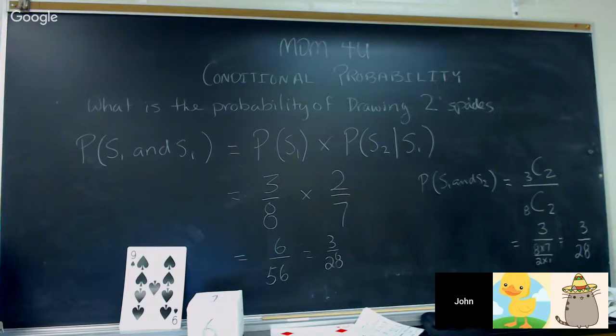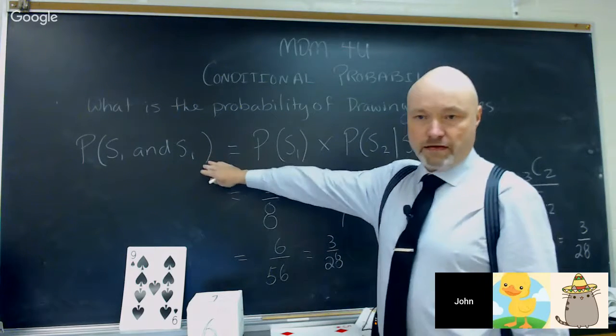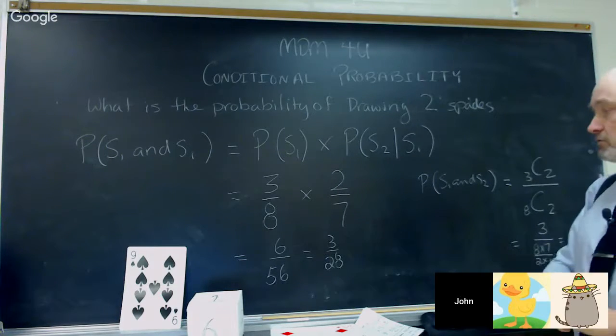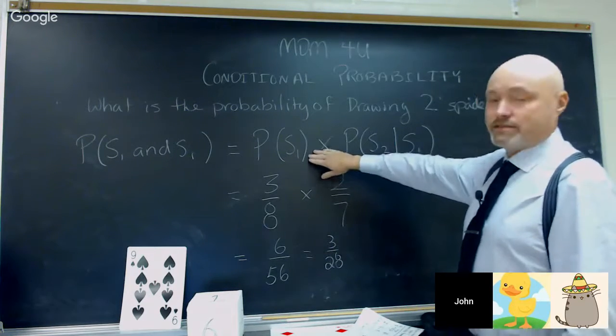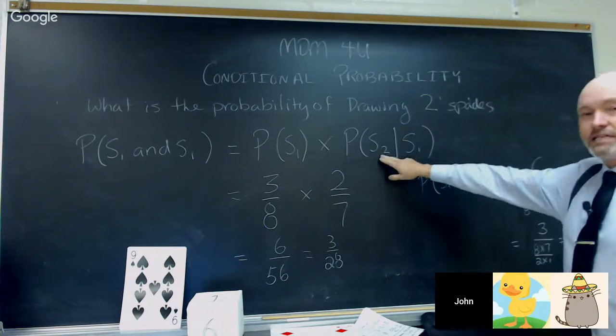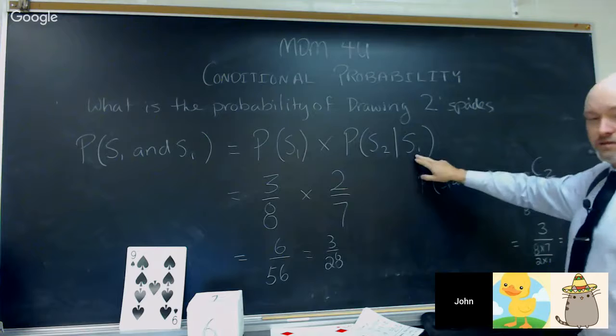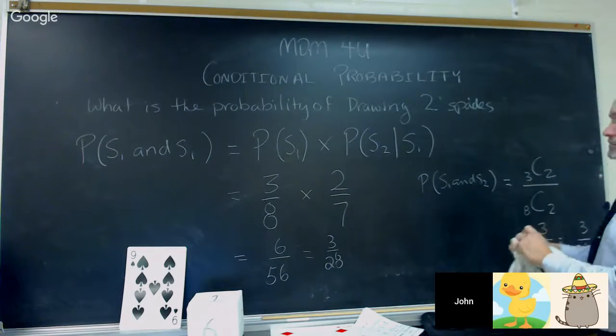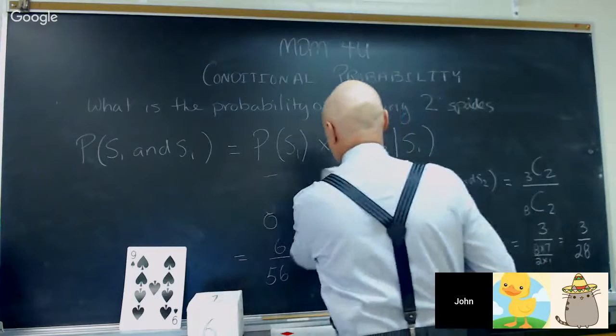All right. So the probability of 2 events happening, if they are not independent, in other words, if they're dependent events, is the probability of the first event times the probability of the second event, given that the first event has happened. Okay? All right. Now we can do what we want.